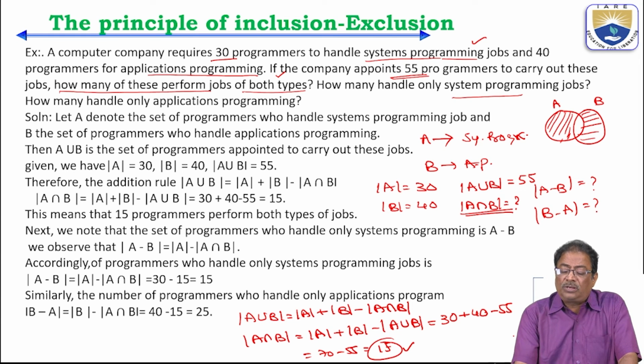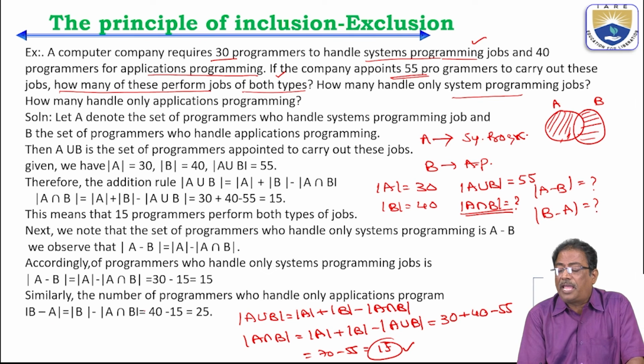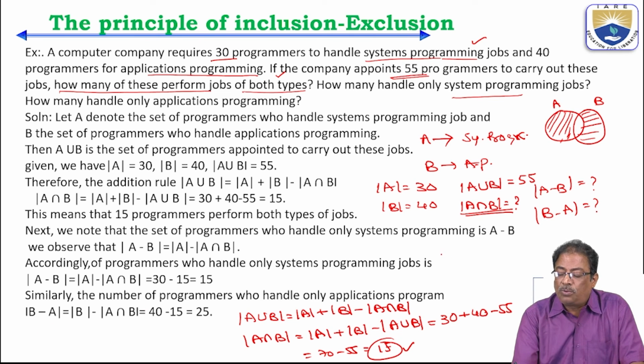Now, the question is, how many programmers are allocated only to handle system programming jobs? So that is A minus B that you have to calculate. What is the cardinality of A minus B?